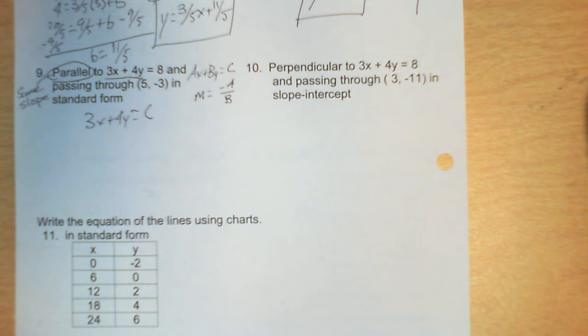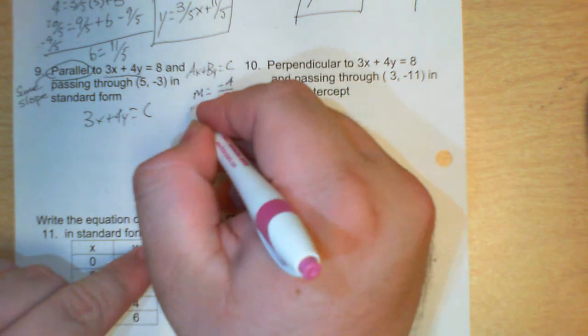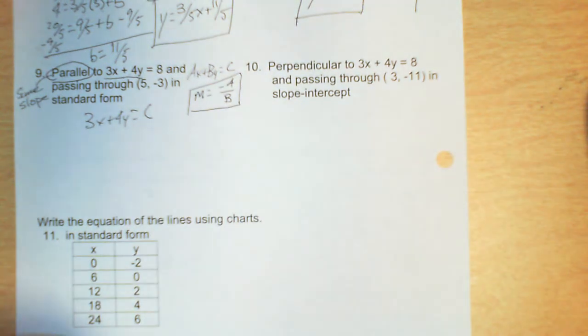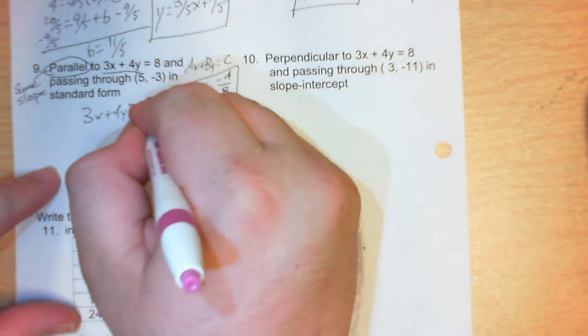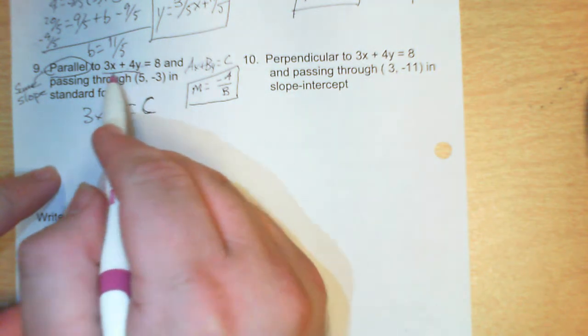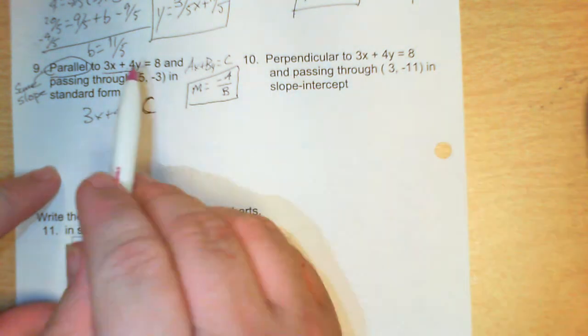There's no point to that when I can give you this little cheat right here that says the slope from standard form is equal to the opposite of a over b. So I know that these 2 numbers right here, because it's parallel, are going to have to be the same.